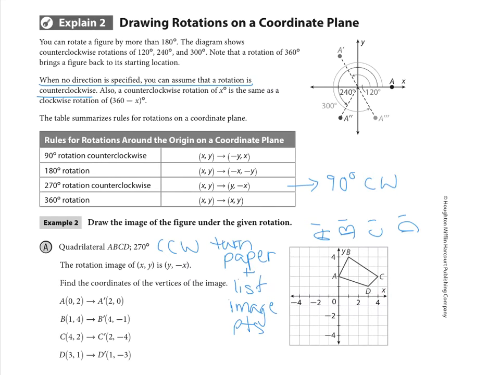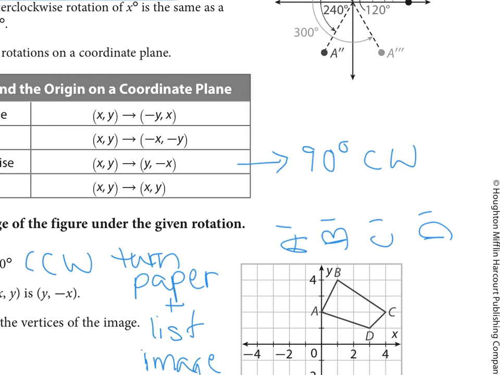So the points that I'm going to specify, I'm going to zoom in a little bit, are going to be, counting to A prime would be 2 over and none up, so that is going to be the point 2, 0. B prime is going to be counting 1, 2, 3, 4 over and down 1. So that, of course, is the point 4, negative 1.